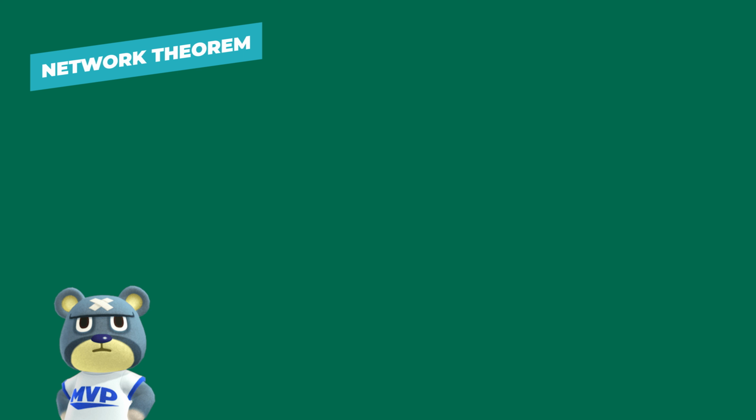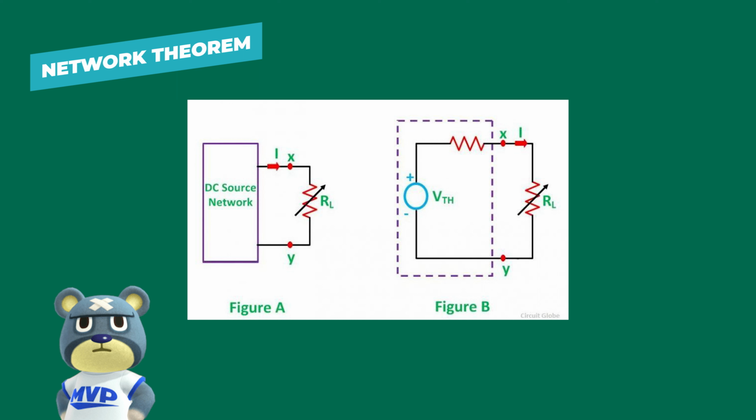Explanation of maximum power transfer. A variable resistance RL is connected to a DC source network as shown in the figure, and figure B represents the Thevenin voltage VTH and Thevenin resistance RTH of the source network. The concept of the maximum power transfer theorem is that the source resistance is made equal to the load resistance.